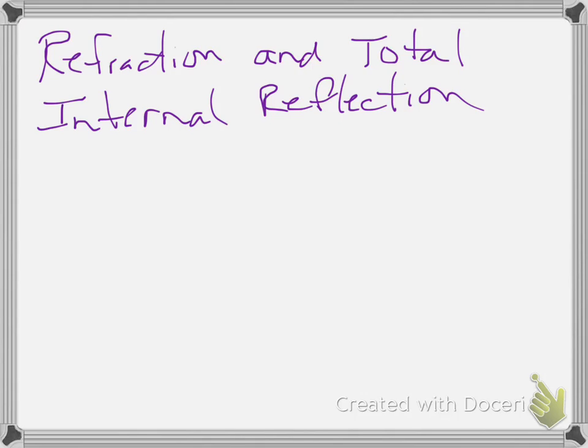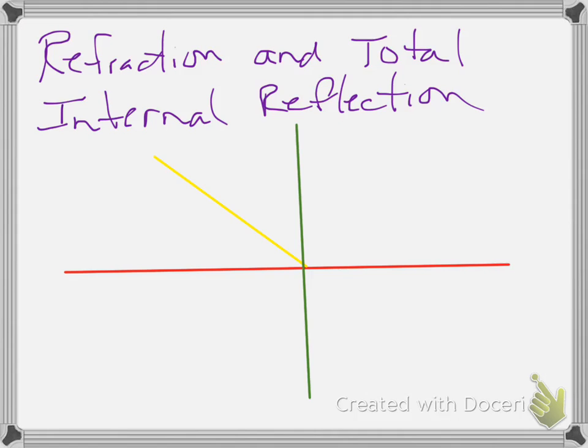A couple of things you probably observed while doing your lab last day. I'm just going to draw these observations out. When your angle of incidence hits, again this would be hitting the glass, you would have had your normal, which would have been at 90 degrees to that.